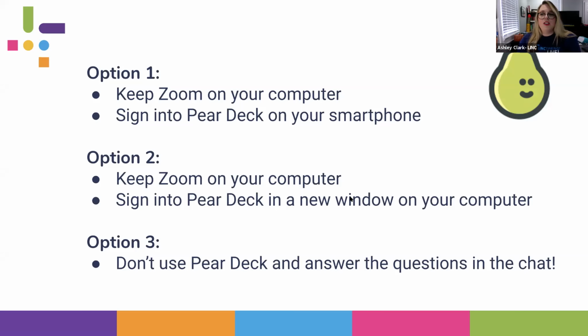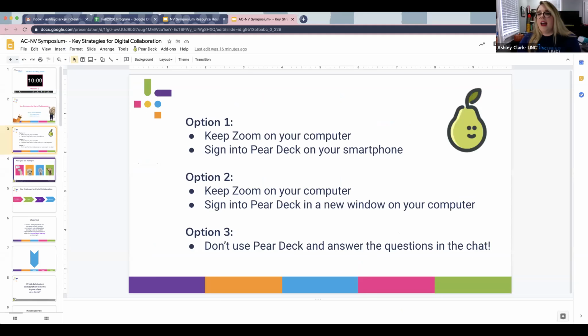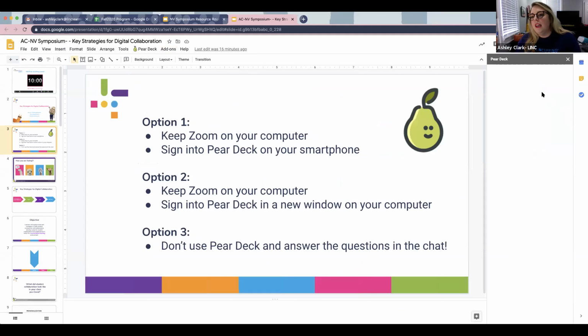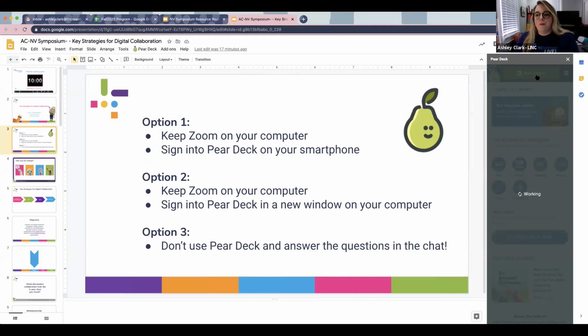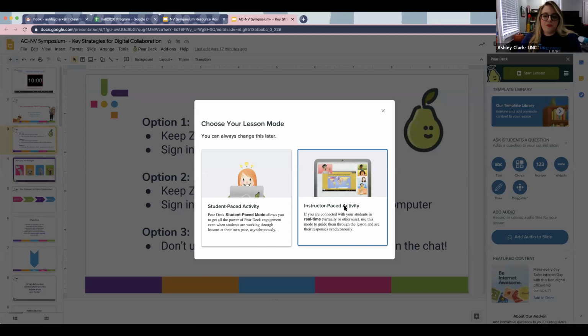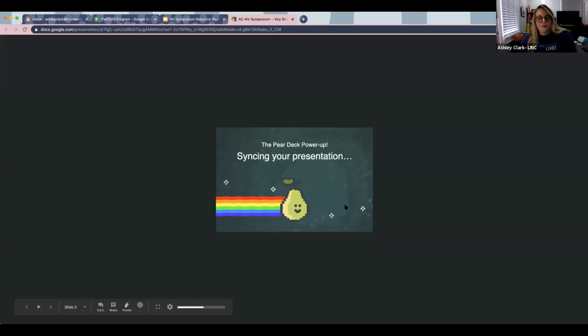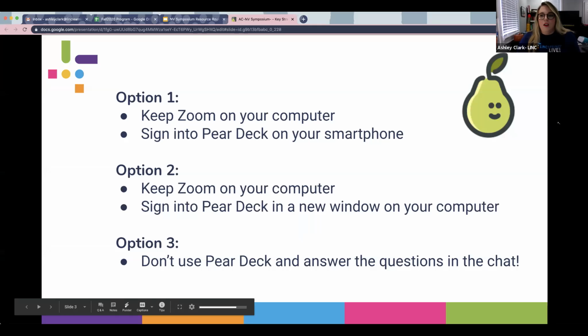So I'm going to go ahead and get my Pear Deck logged in. I'm going to get that code for you, and I'm going to put it in the chat. All right.